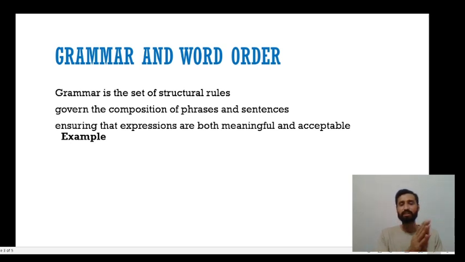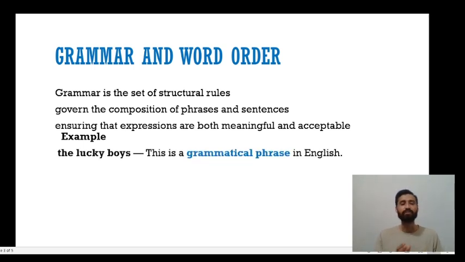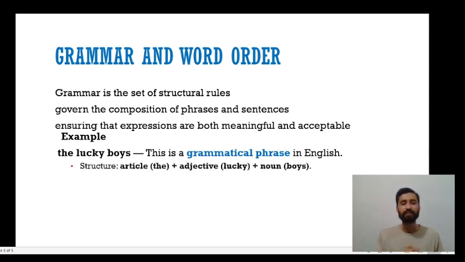So, that is what we discussed about grammar. We'll relate it to word order with the help of examples. The first one is "the lucky boys." This is a grammatical phrase in the English language. Why am I saying that? Because there is a structure in which we have article plus adjective plus noun. This is the acceptable grammatical structure.